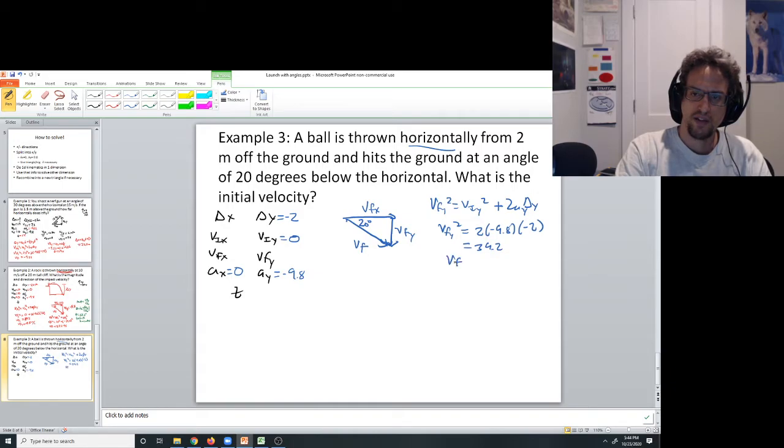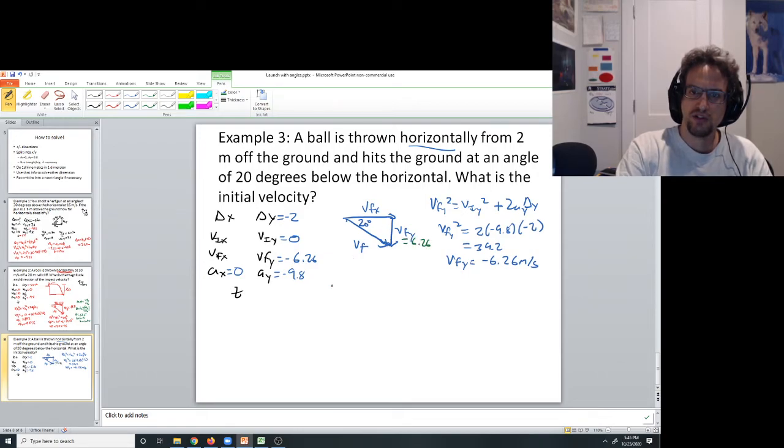And I can find that v final y is equal to -6.26 meters per second. Again, notice the negative sign. The negative sign is there because I know it's going down. Now I have one of the sides to this triangle. This is equal to 6.26 down.